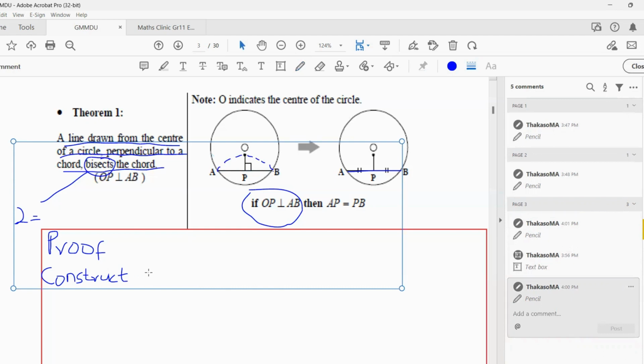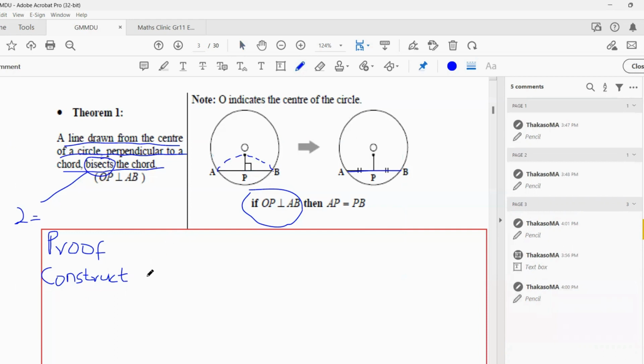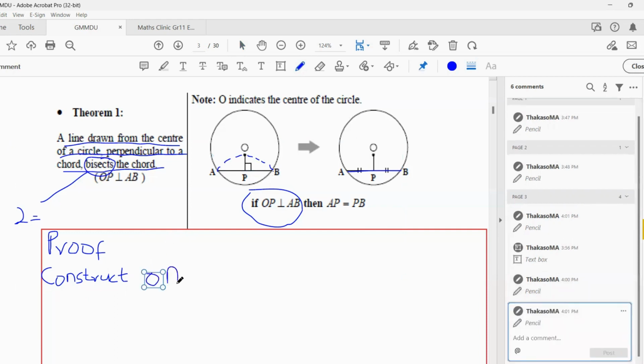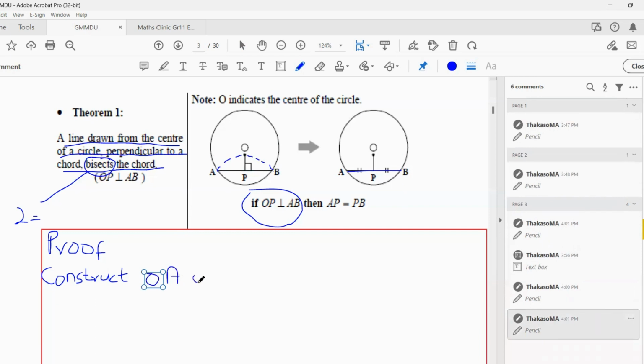So we said we are constructing line OA and line OB. And this has created two triangles.